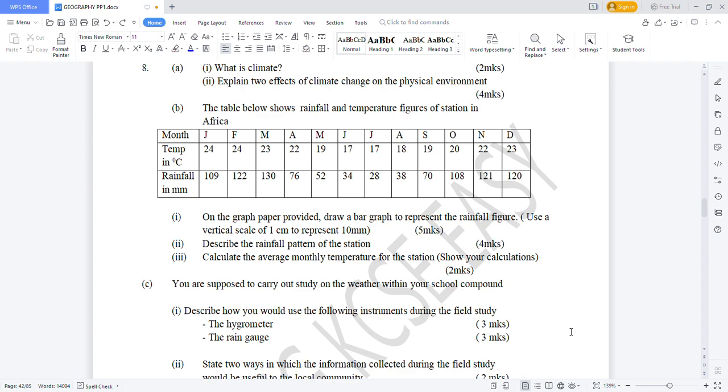Another point, the dry bulb thermometer is left in the normal environment to record the highest temperature.